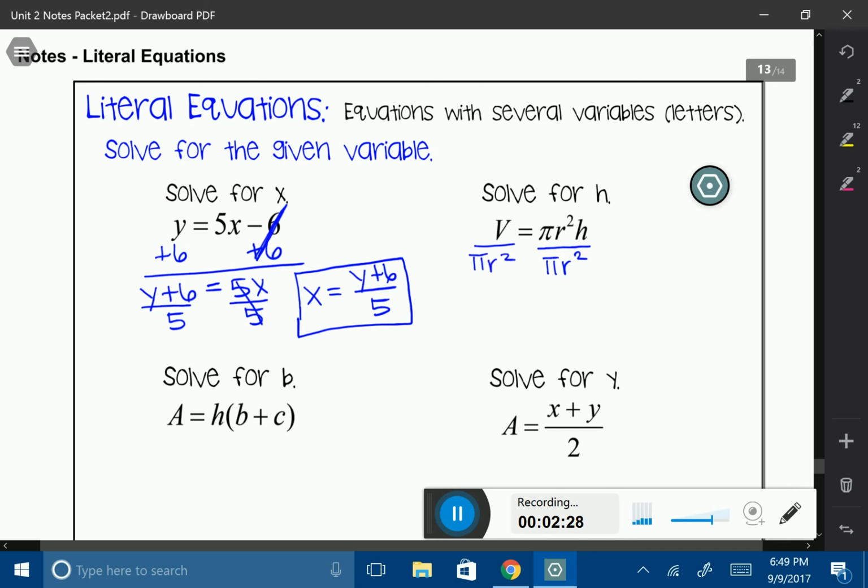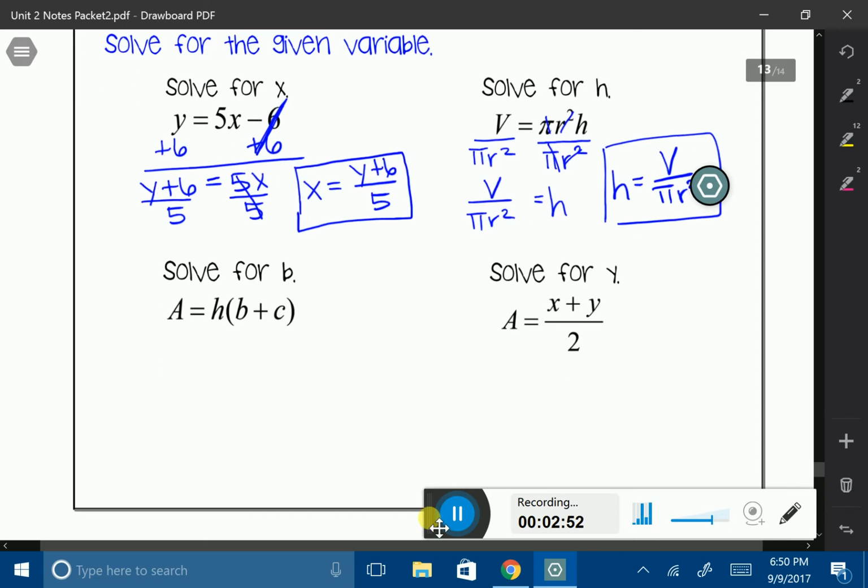Watch what happens when I do that. My pi's will cancel out, and my r's will cancel out, and that gives me my h by itself. So my final answer will be that h is equal to v, which is my volume, over pi times my radius squared. And I just solved my literal equation for my variable h.